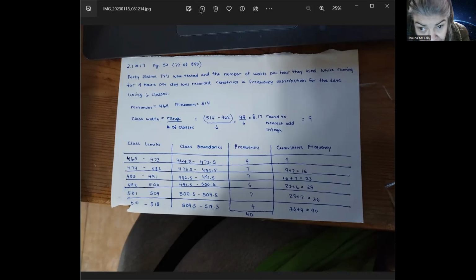Let me share this on the whiteboard. Remember that my class width is 9 units, and my minimum is 465.